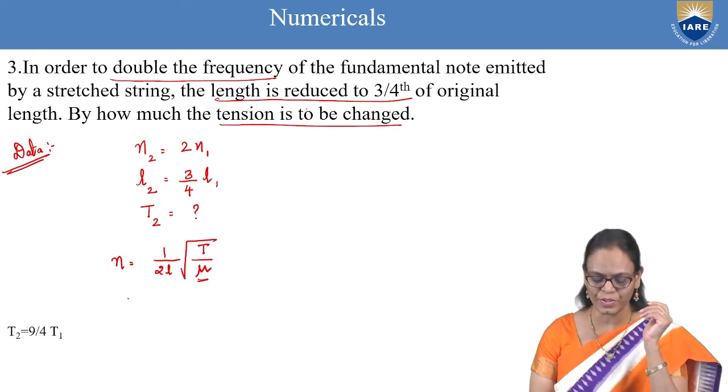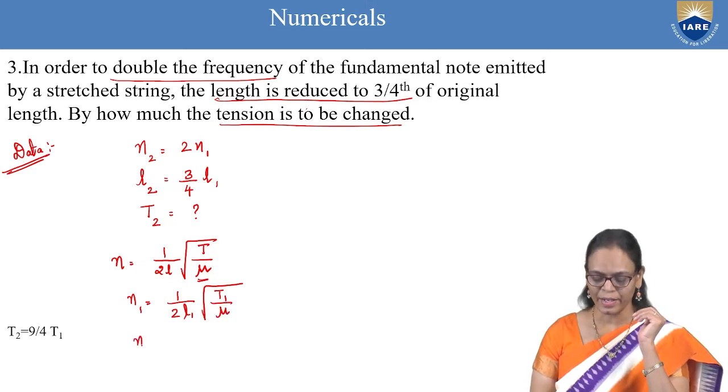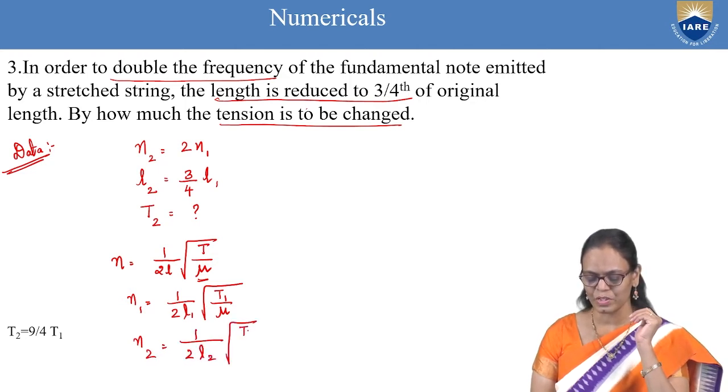So how are we going to write the formula? N1 is equal to 1 by 2L1 under root T1 by mu, and N2 is equal to 1 by 2L2 under root T2 by mu.